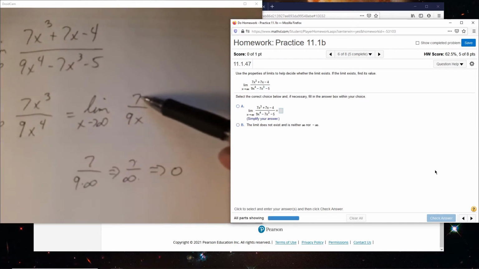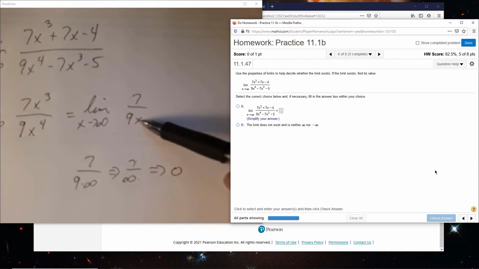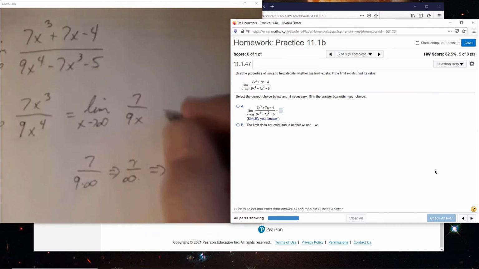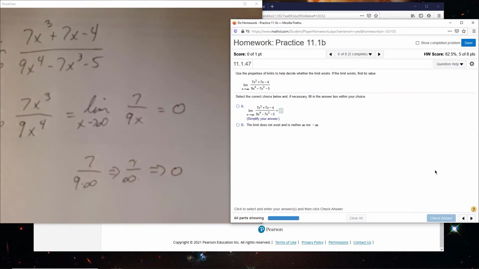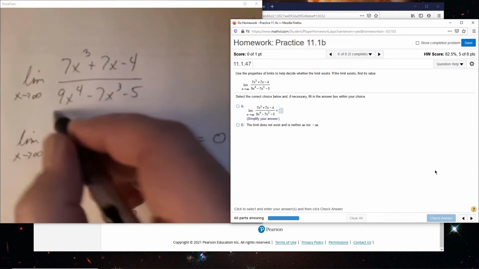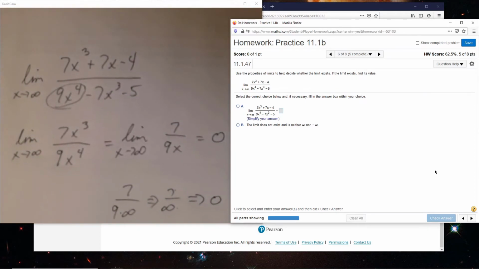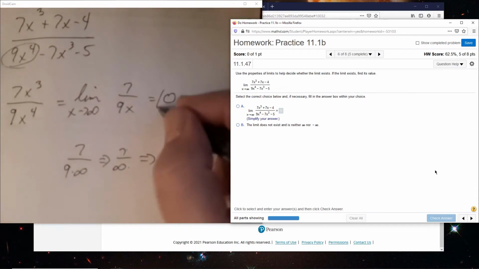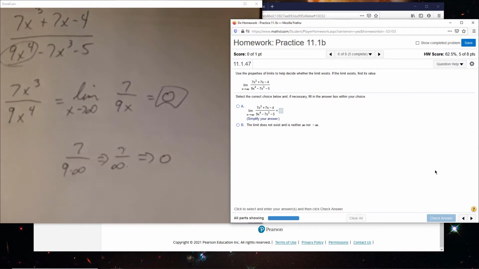So 7 divided by a number that's getting forever and ever larger means this limit is 0. And again, if the overall dominant term is in the denominator, you will always get a limit of 0.